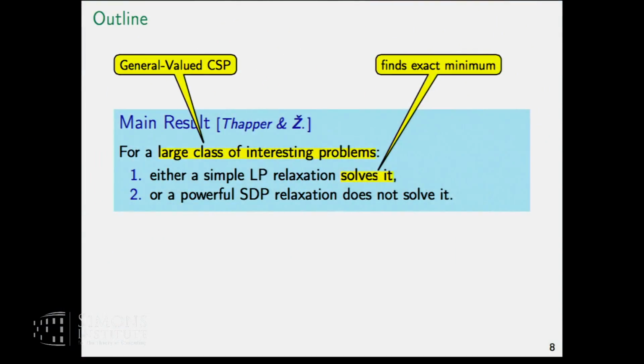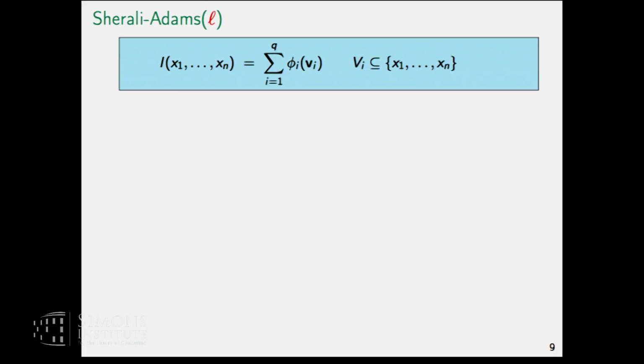So the main result, now you know at least two things. By the large class of interesting computational problems, I mean these general valued CSPs parameterized by a language. And by solving it, I mean minimizing the objective function exactly. And what do I mean by a simple linear program relaxation? Every VCSP instance has a very natural linear program relaxation, which is called the basic or canonical LP relaxation.